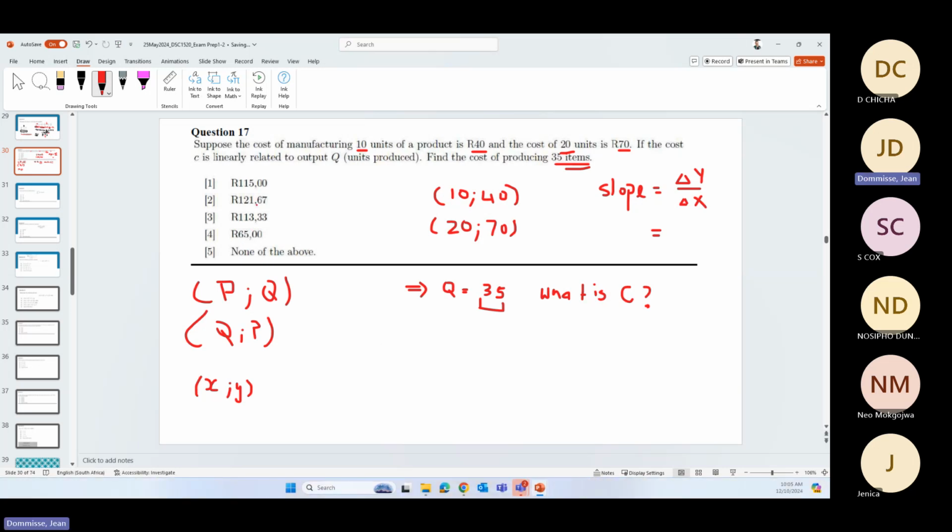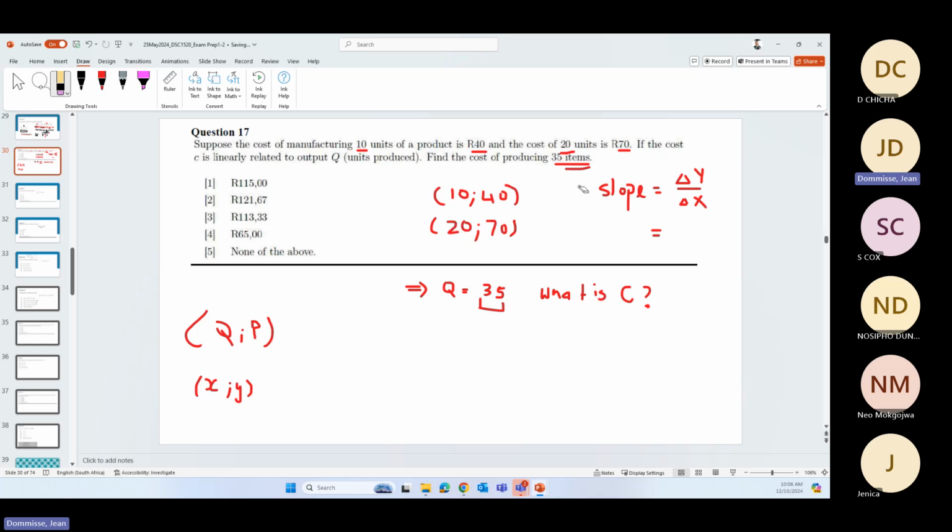Okay, so yes, P is actually Y and Q is X. And it sounds not right because it's easier to say PQ, but that is nearly how they wanted to catch us out as well. So it is quantity, price.